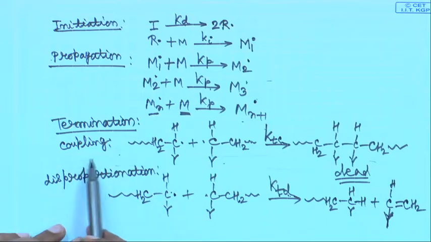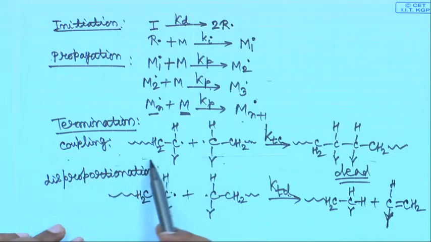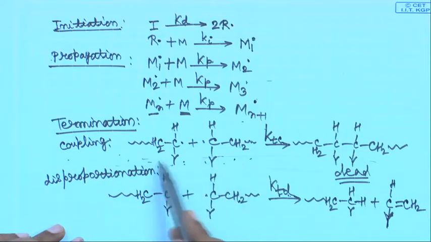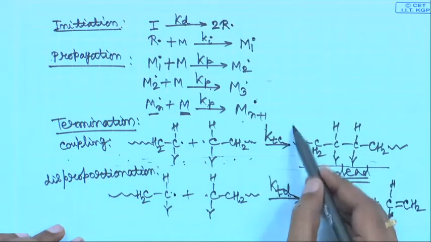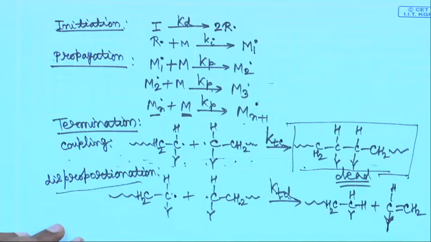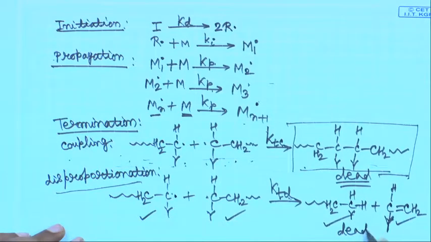So, you can see there that when you are terminating through coupling, two propagating species are coming together to form one final chain. When you are doing termination through disproportionation, two propagating species are coming together to produce two polymer chains. So, this particular observation will be important later on.